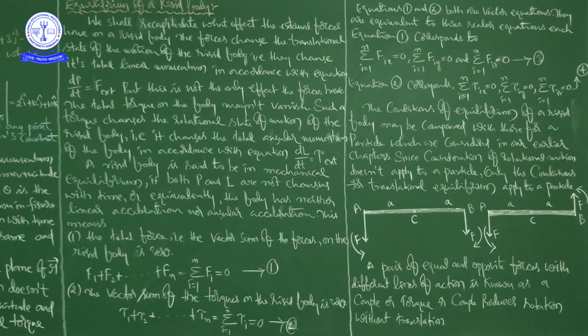So here I want to say some information, observe carefully. A pair of equal and opposite forces with different lines of action is known as a couple or torque. So a couple produces rotation without translation. This is the point we have to underline.